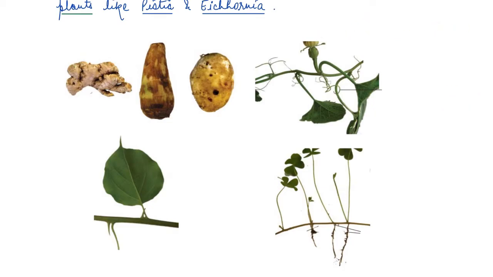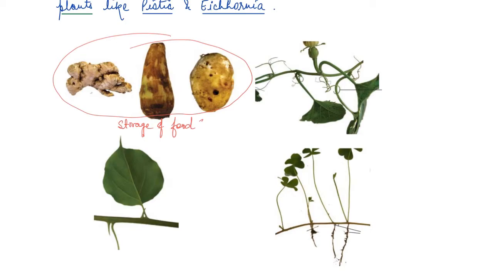So basically, you can see that in the first case, it is nothing but storage of food, right? Which happens in the case of maybe ginger, potato, or colocasia, right?